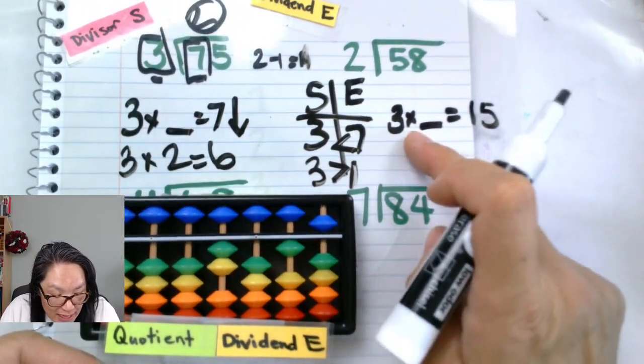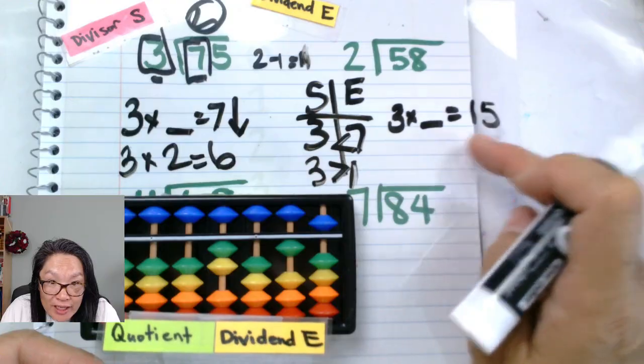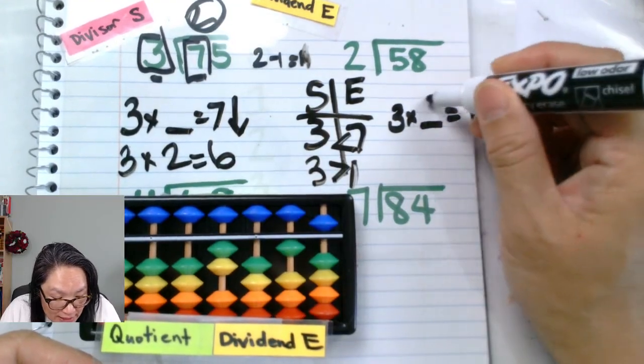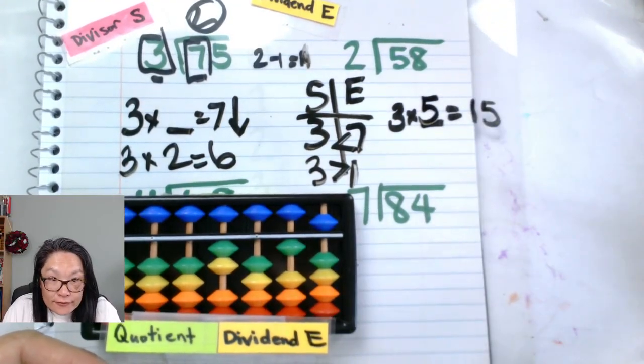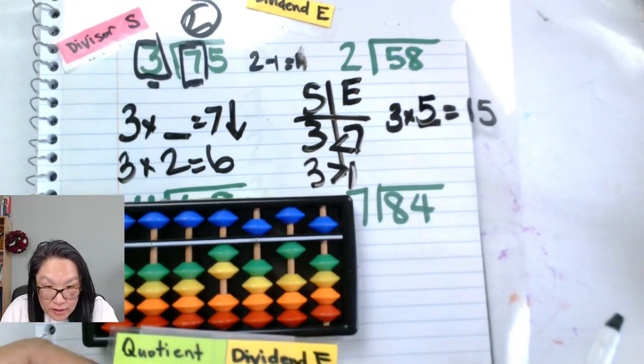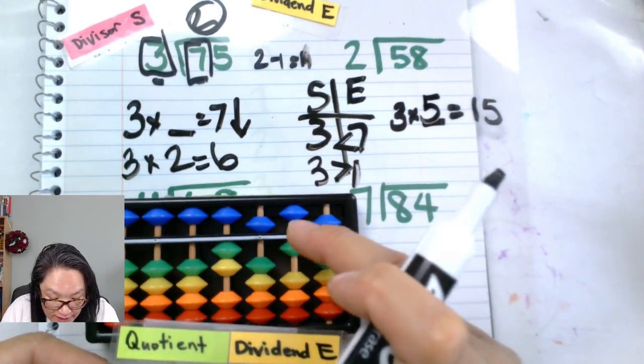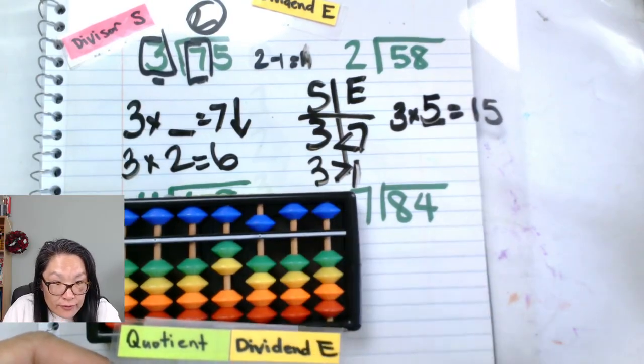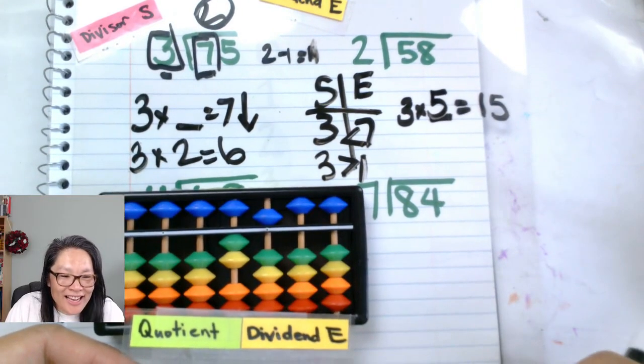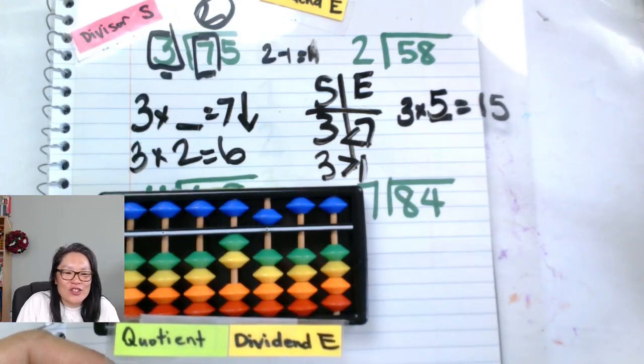So 3 times what is equal to 15 or less? 3 times 5. Thank you, Basie. So I'm going to add my 5 here, and I'm going to take away 15. Take away 1, take away 5.